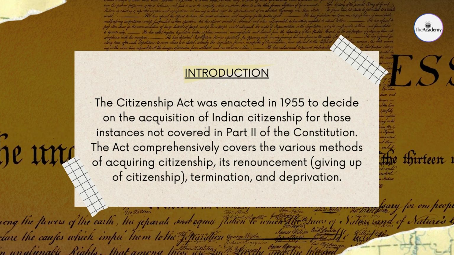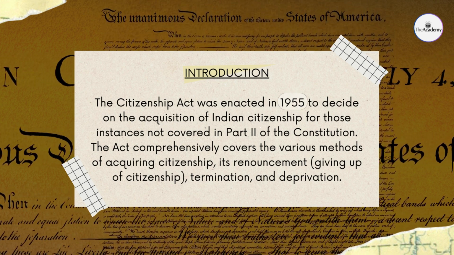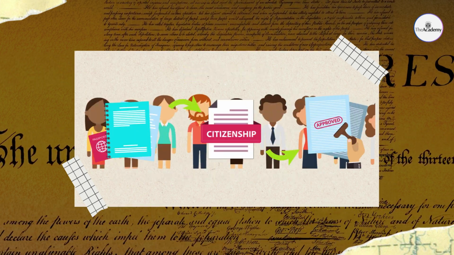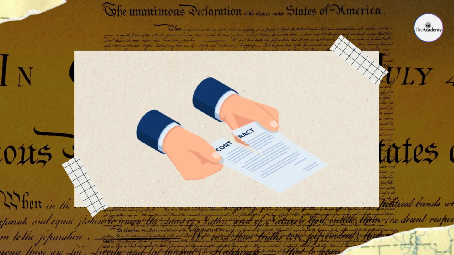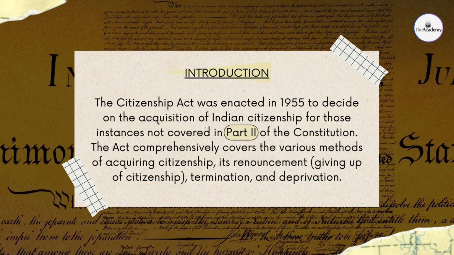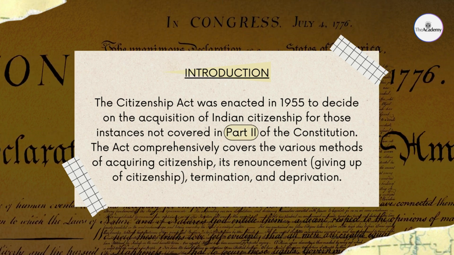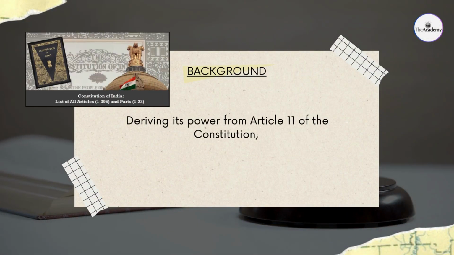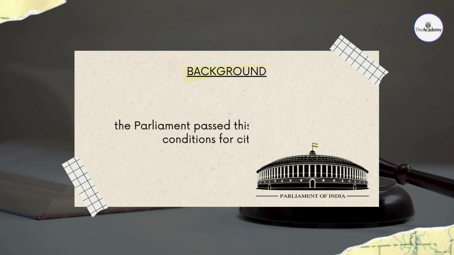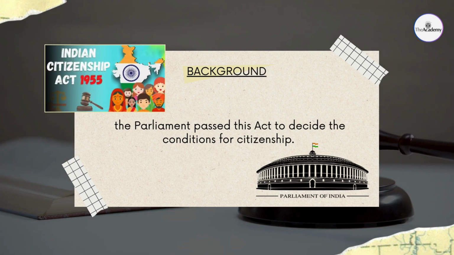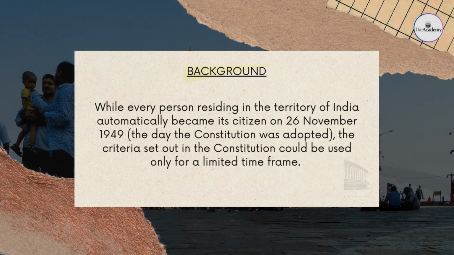Now, the Citizenship Act was enacted in 1955 to decide on the acquisition and termination of Indian citizenship for those instances which were not covered in Part 2 of the Constitution. Deriving its power from Article 11 of the Constitution, the Parliament passed the Indian Citizenship Act 1955 to decide the conditions for citizenship.